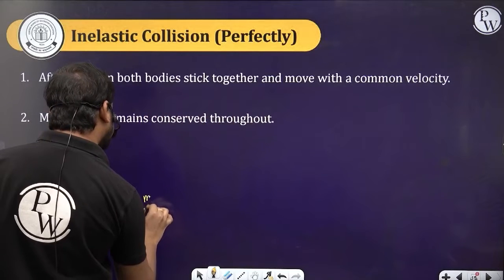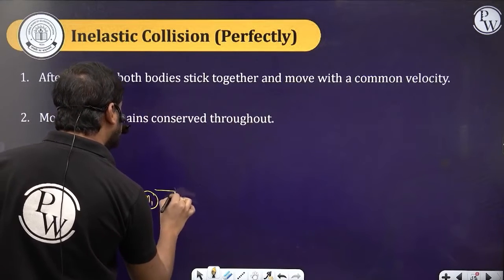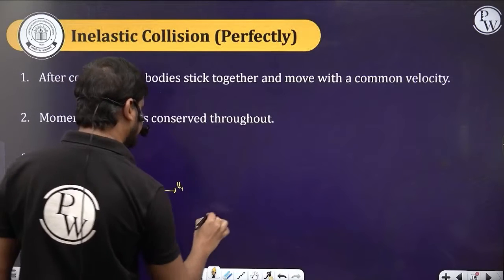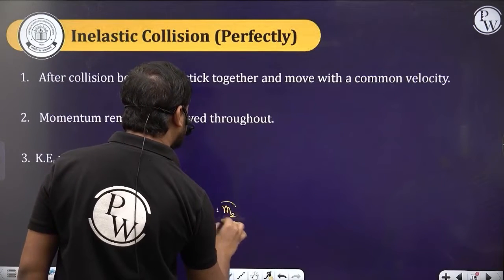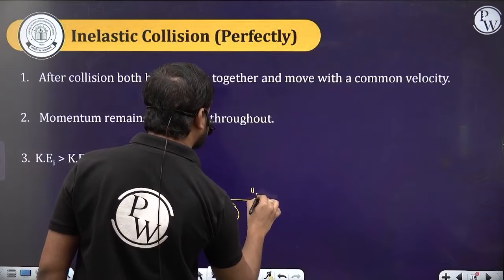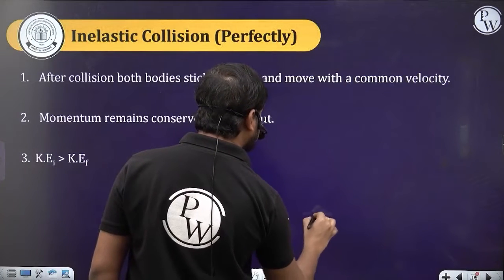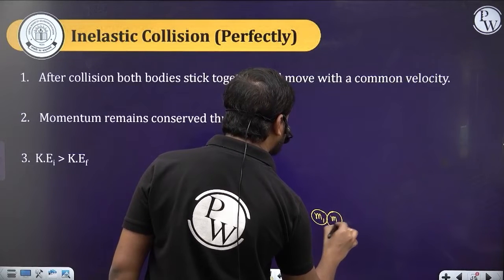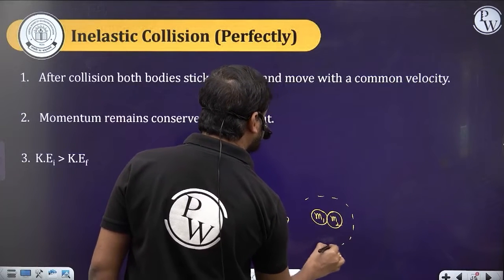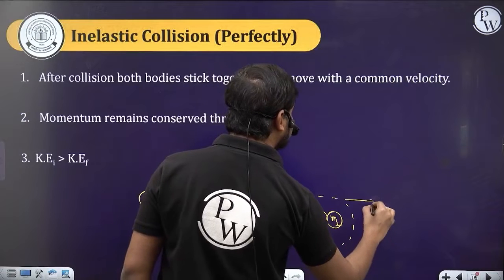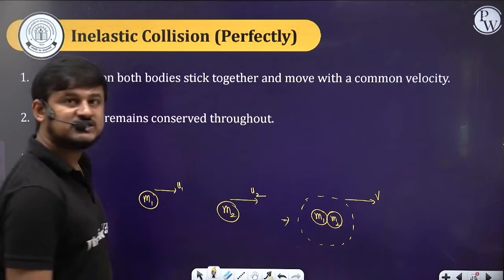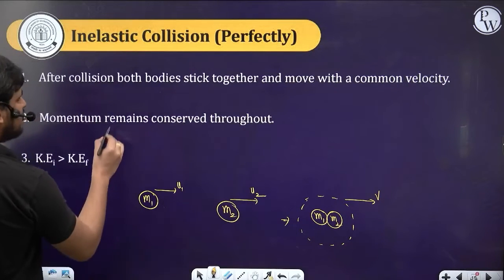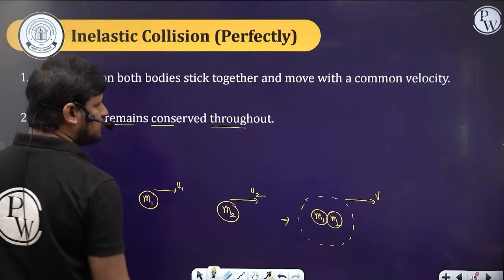Let's suppose initially the M1 block is moving with U1 velocity, and the M2 block is moving with some U2 velocity. After collision, M1 and M2 stick together and both move with the common velocity V. The momentum remains conserved throughout the motion.